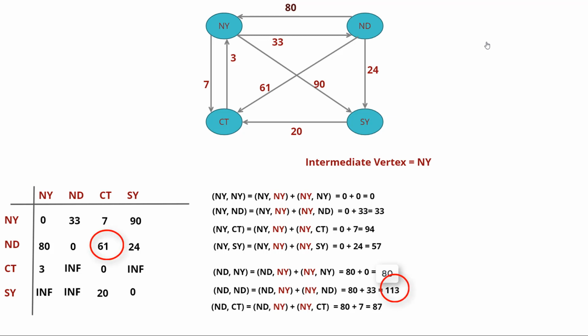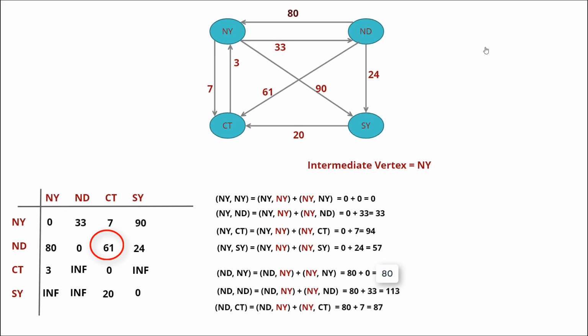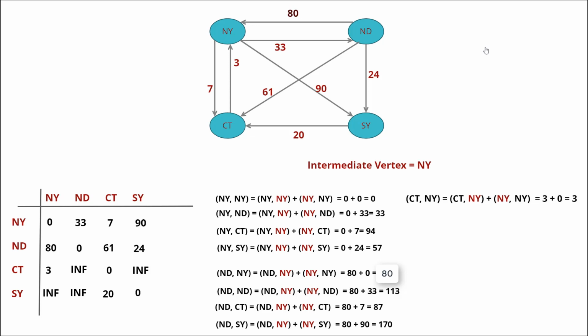Let's check in the matrix. ND to CT, the current weightage is 61. But on inserting NY as intermediate vertex, we are getting a weightage of 87. So we cannot take the new weightage. So the old weightage, or the current weightage we have in the matrix, will remain there. So similarly, we calculate this for the rest of the columns in row 2.